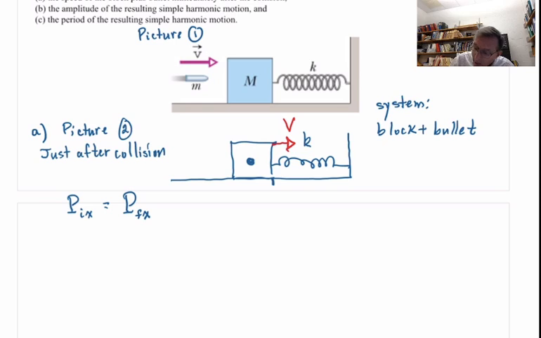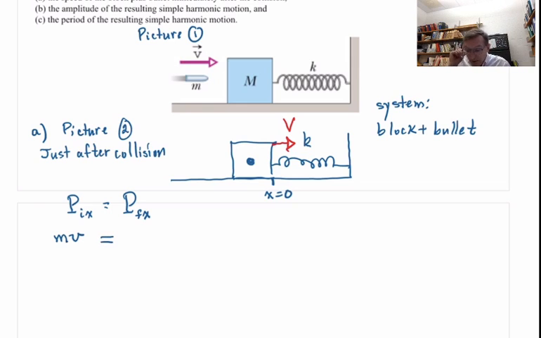We're going to put that corner of the block at x equals 0, where the spring is uncompressed. But we're applying conservation of linear momentum. So picture 1 for P initial, picture 2 for P final. In picture 1, the only thing that's moving is the bullet. It's got a mass little m, a velocity little v, so its momentum is m times little v. That's P initial x. So that numerically must equal P final x.